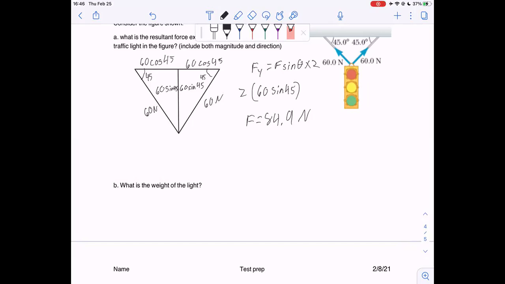If they weren't right triangles, would it be like F sine theta times F sine phi? So you're talking about if the angles were asymmetrical, say this was 20 and this was 40? You would still have a right triangle just by drawing your line, because right triangles are good.